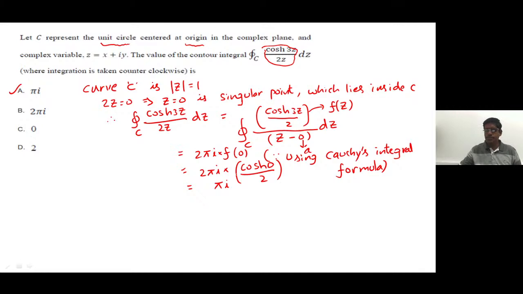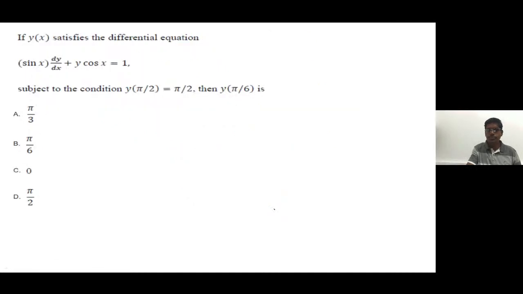And the next one is the question: if y of x satisfies the differential equation sin x into dy by dx plus y cos x is equal to 1, subject to the condition y of pi by 2 is equal to pi by 2, then y of pi by 6 is, with 4 options A, B, C, D given.